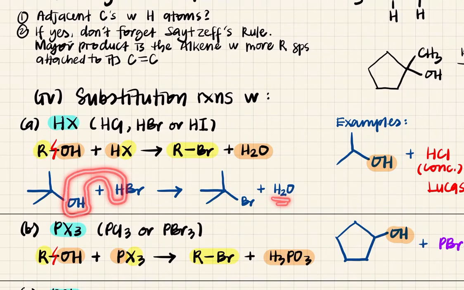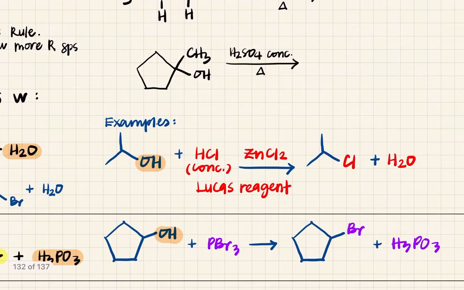Okay. For example, okay, the Lucas test or Lucas reagent. Okay, bila awak nak find out the class of alcohol. So this is an example lah using Lucas reagent. So you have to react with concentrated hydrochloric acid in the presence of zinc chloride. Okay, ini specific Lucas reagent ni.